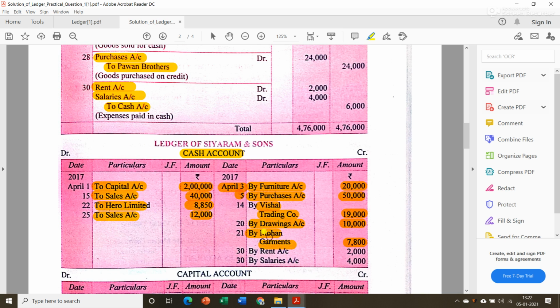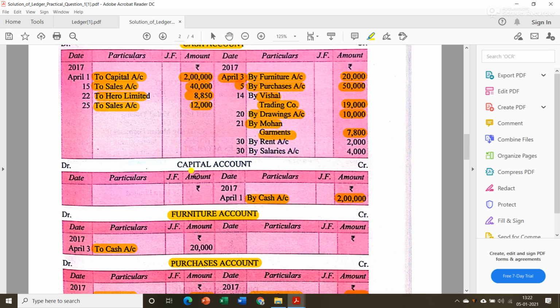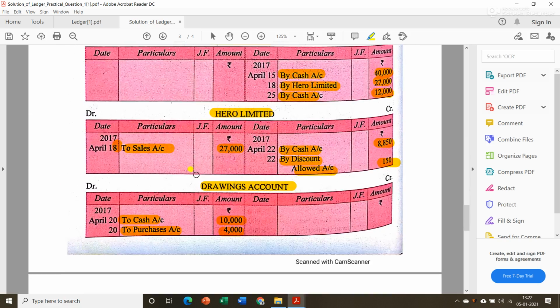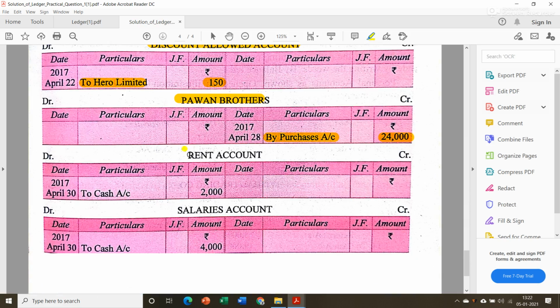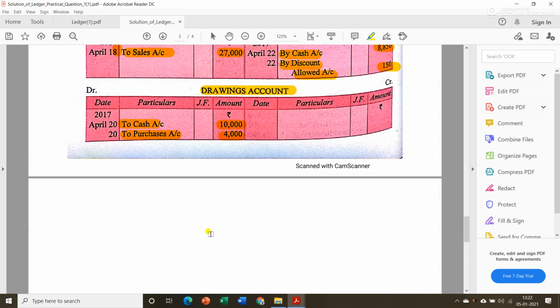Since we don't have rent account and salaries account, we will prepare them. In rent account, on debit side we will write to cash account rupees 2,000, the amount of rent that we paid, and in salaries account we will write to cash account 4,000, the actual salaries that we paid.